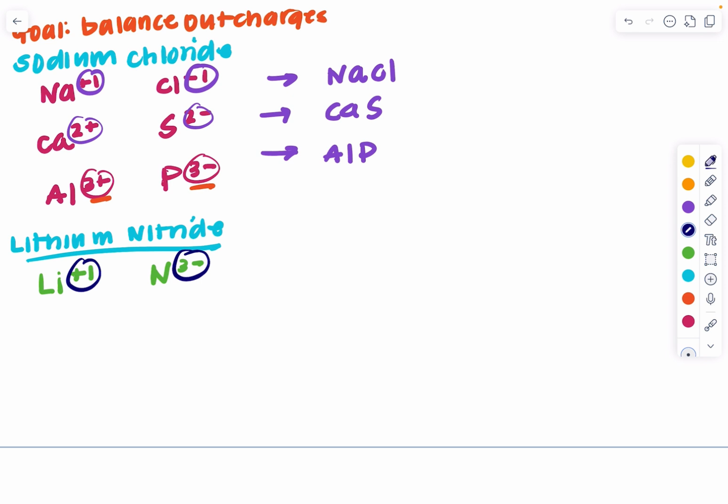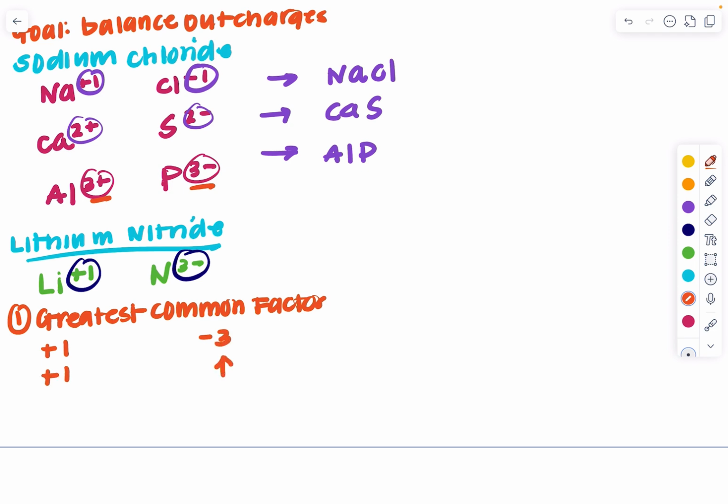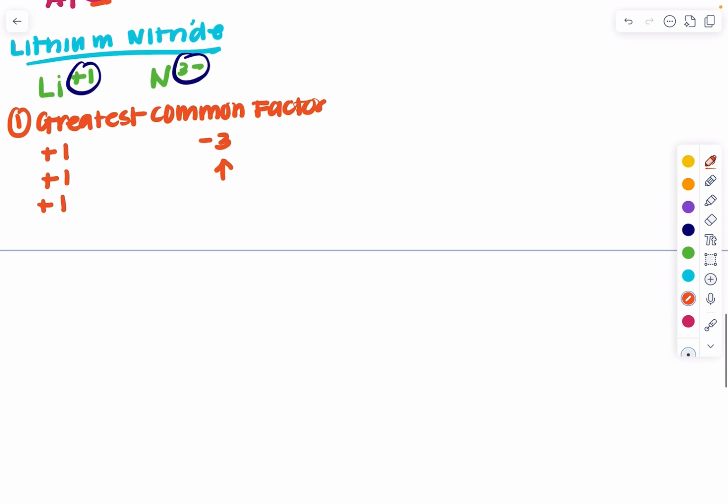The way that we do this, you can use 2 methods. You can use the greatest common factor. So the greatest common factor between +1 and -3 is actually 3. We would just need 3 +1s to do that. Okay, so +1 +1 +1 equals +3, that then balances out with -3.